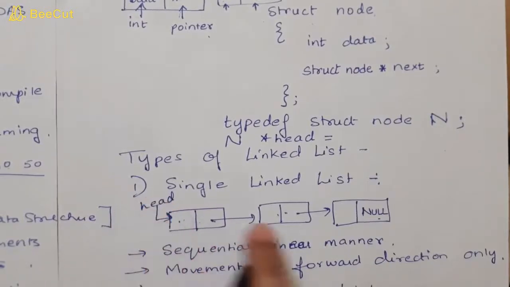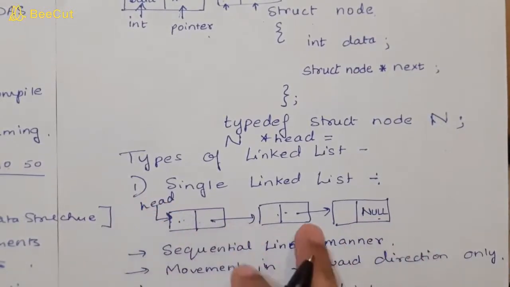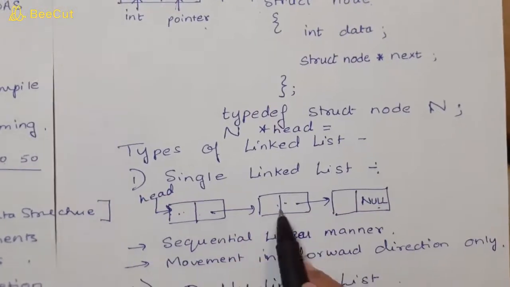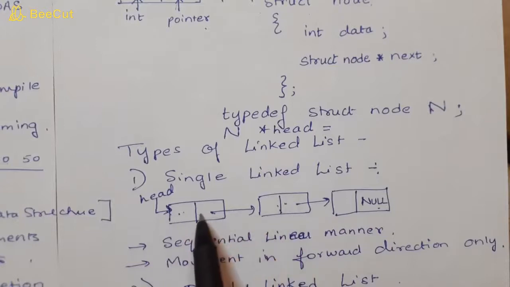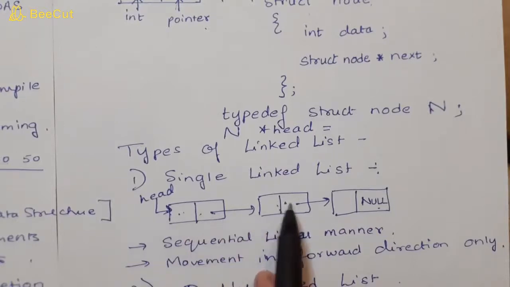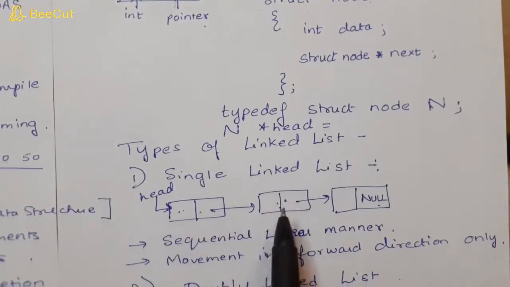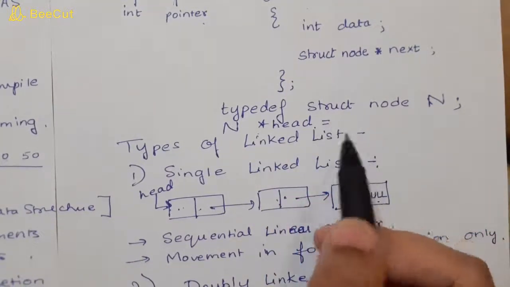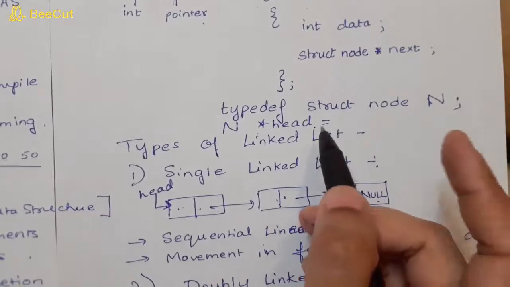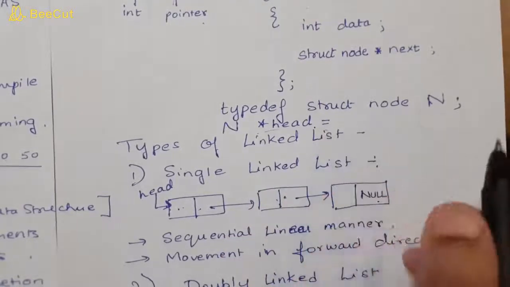So in case you want to traverse any linked list, or access any node, suppose you want to access this node, then you have to traverse from here, and then you'll reach here and you can print the value of this node. So we are going to take head, and you remember that we need to declare it in global space.